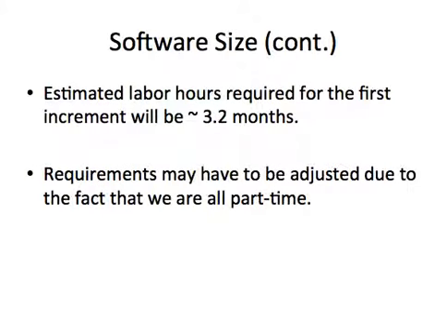Using this 250 lines, our estimated labor is about 3.2 months, just outside of the length of this semester. And these requirements may have to be adjusted due to the fact that we are all students.